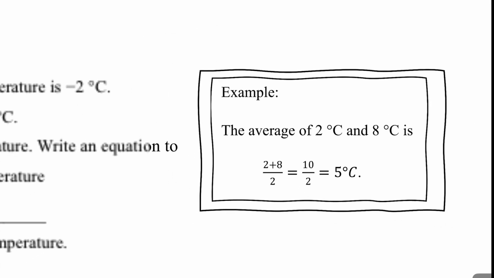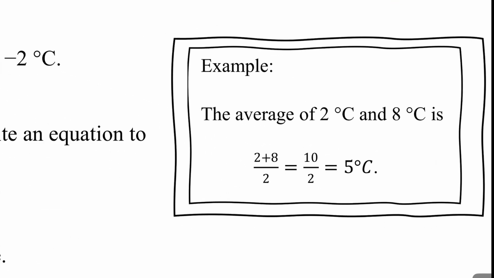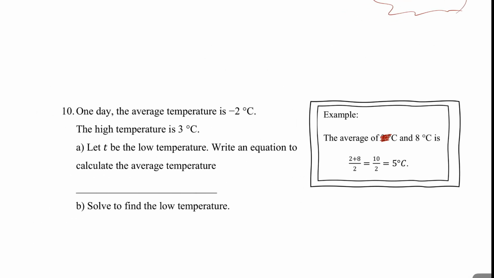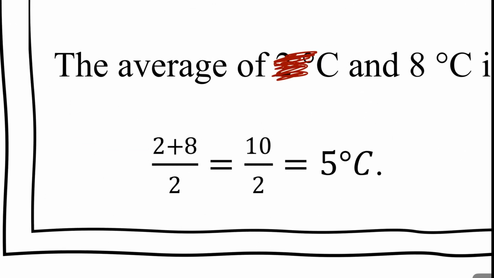Remember, here the lower temperature is not given in your question. Imagine this value is not given, and let it be T. Let T be the low temperature. You can put that value in your equation instead.